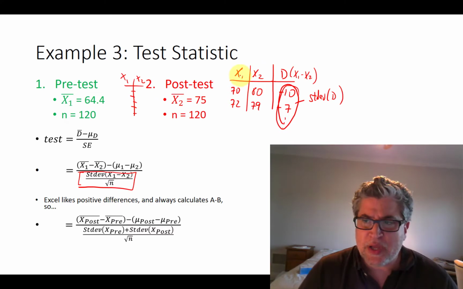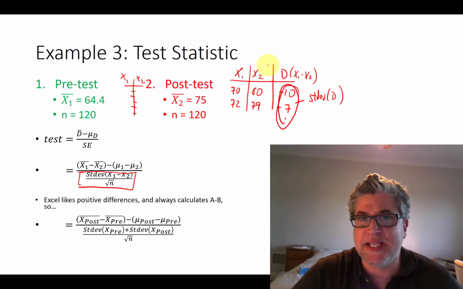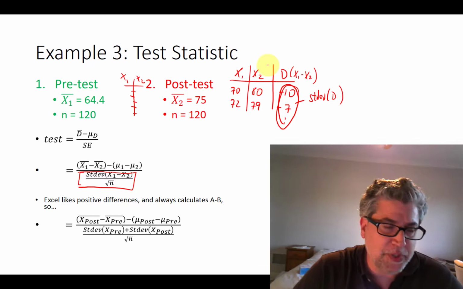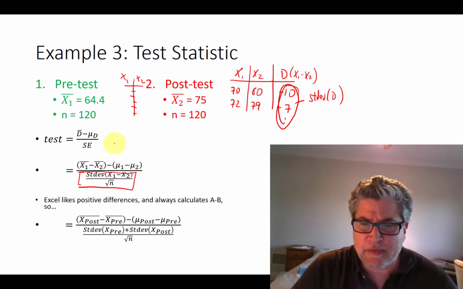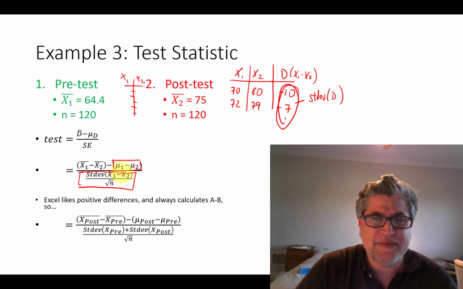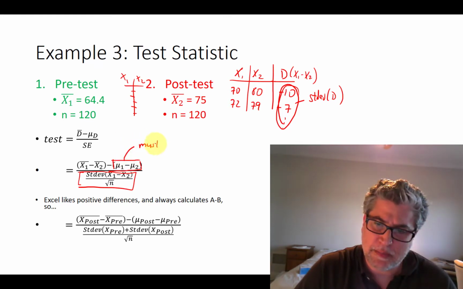Now, x1 minus x2 brings up an important point about implementing this in Excel. Excel has got a couple of quirks. We have many quirks, but two that are relevant here. The first is that if we're going to hypothesize a particular difference, that difference must be positive.